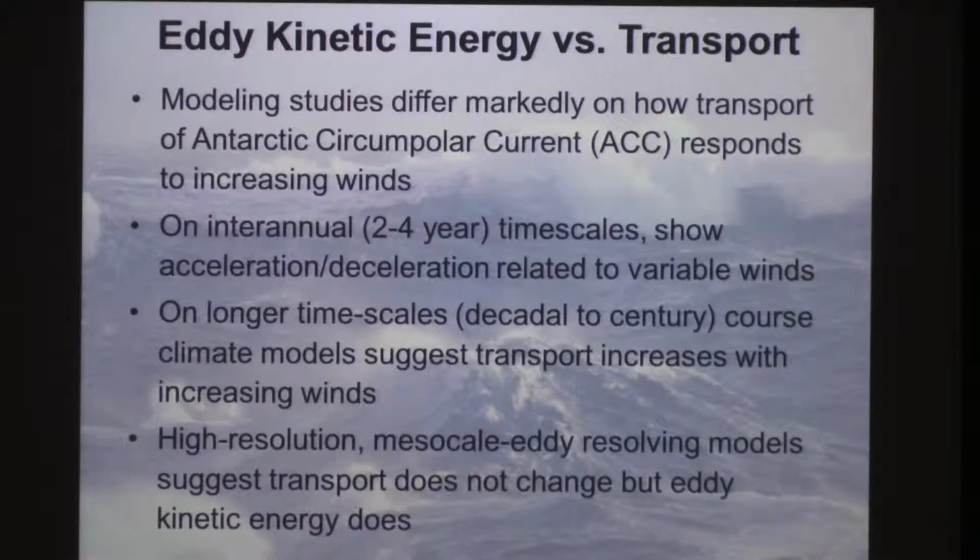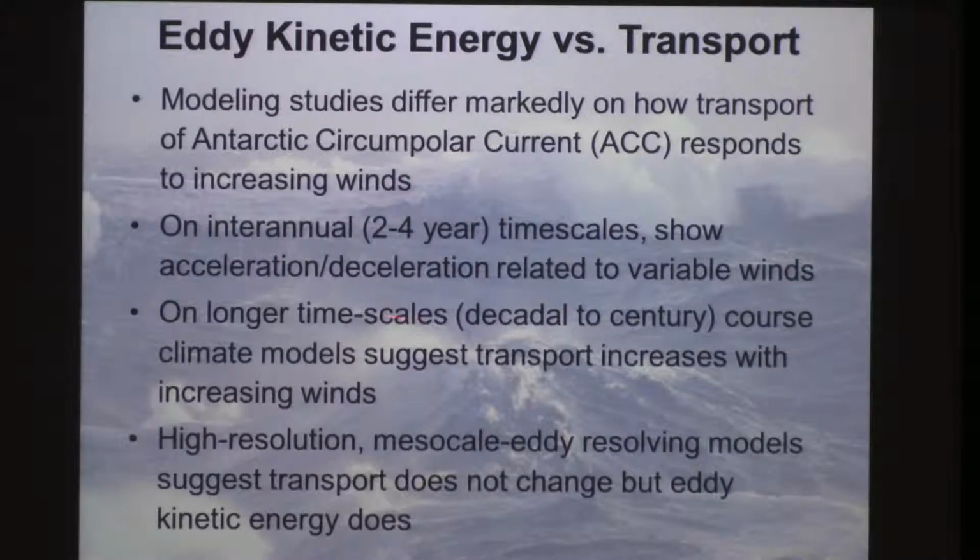So they both tend to agree on interannual time periods, showing that there's an acceleration and deceleration in the transport of the Southern Ocean related to variable winds. But on longer time scales, decadal to century, they disagree considerably.